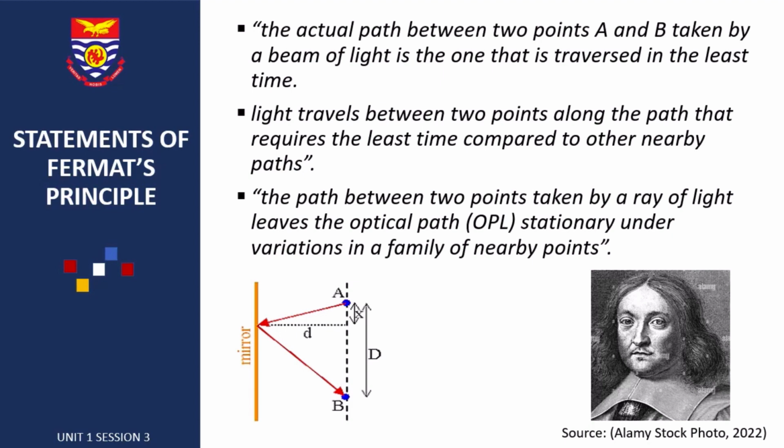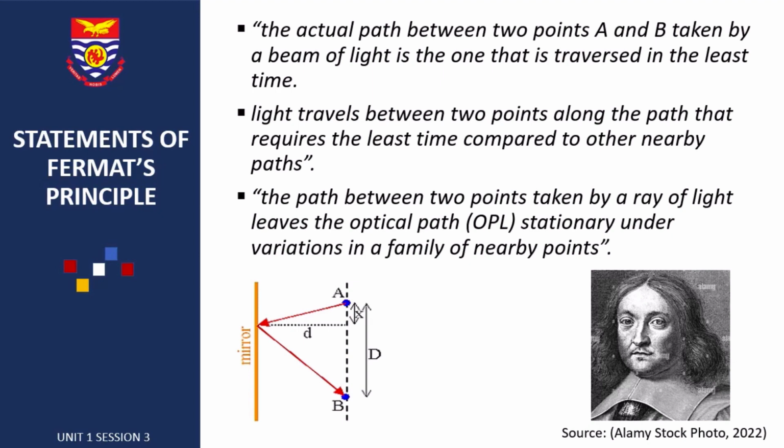Second, light travels between two points along the path that requires the least time compared to another nearby path. And lastly, the path between two points taken by a ray of light leaves the optical path stationary under variations in a family of nearby paths.